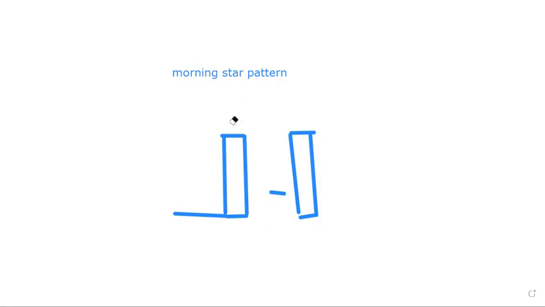But in a real morning star pattern, the next candle that follows it, whether it's red or blue or whatever color you represent your buy or sell candle with, the point is this candle's body still did not close below this, right?